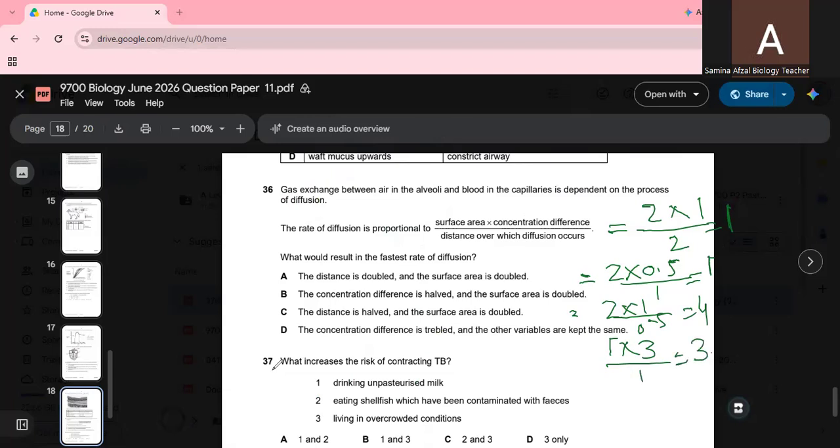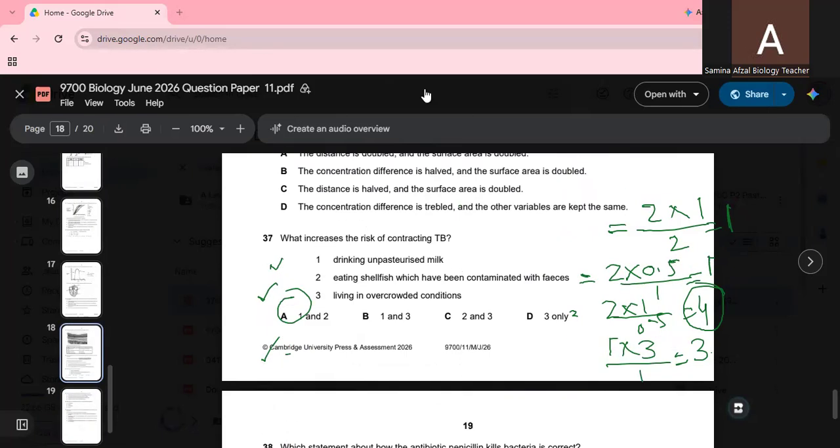So the distance is halved and the surface area is doubled. This is the correct option, which is C. A, B, and D are not the correct options. Only C is, according to the formula, the correct option.